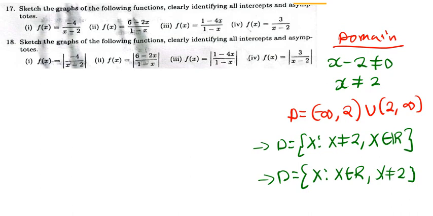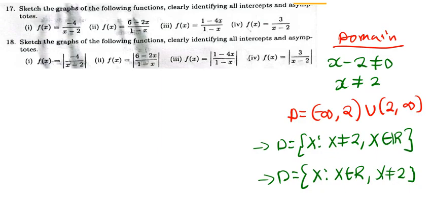Now how do we find the range? To find the range, I want you to understand one thing. I know sometimes you come up with the method of saying, let's first find the inverse of the function. Finding the inverse of the function is okay if you're okay with that. Let me teach you two methods.